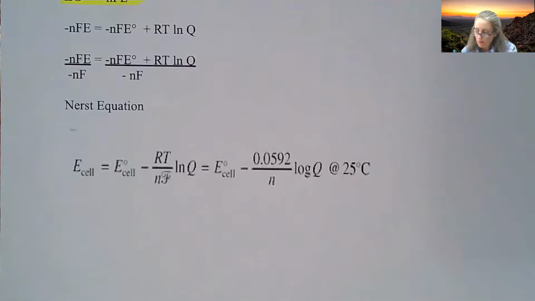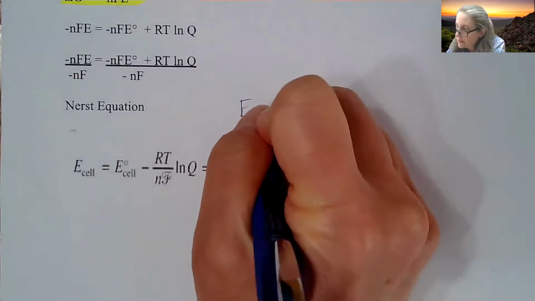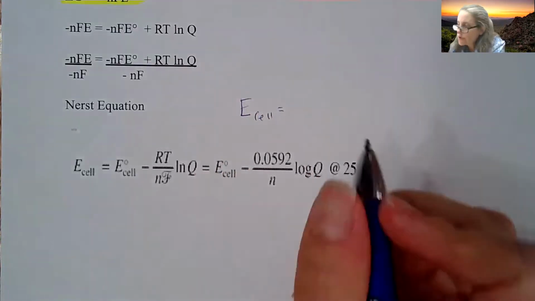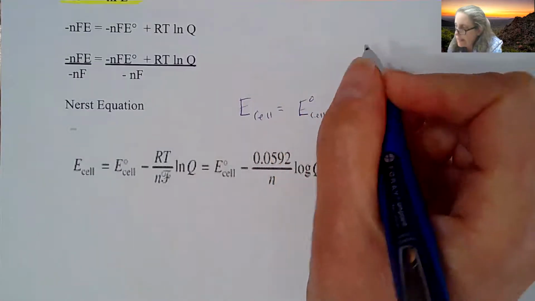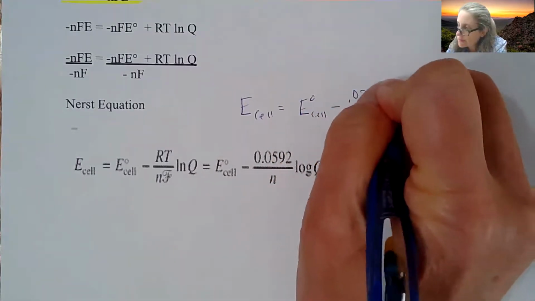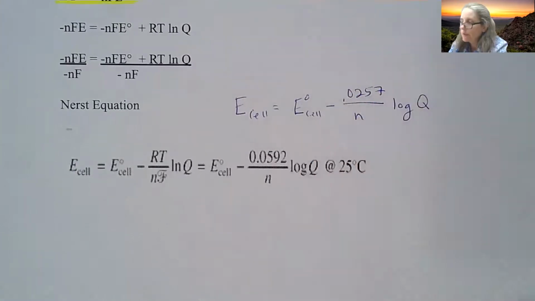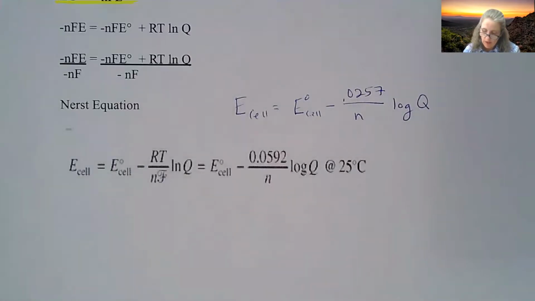And the Nernst equation has many different forms, and it is going to be an equation that is useful. They don't require it on the AP test in terms of you doing the calculation. I'm going to have you do a couple of them, but I'm going to give you this equation.